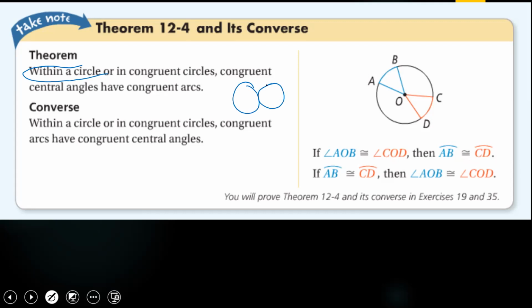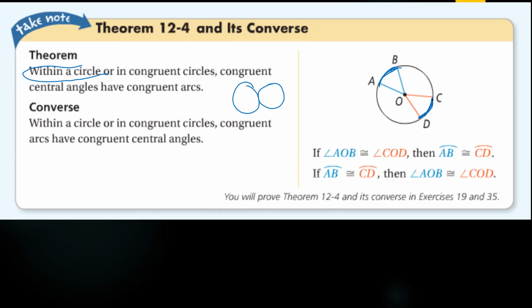What does it mean? Look at the circle here. In this circle, we have arc AB, and here we have arc CD.